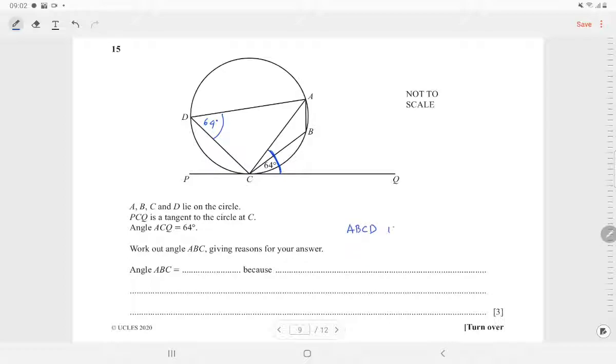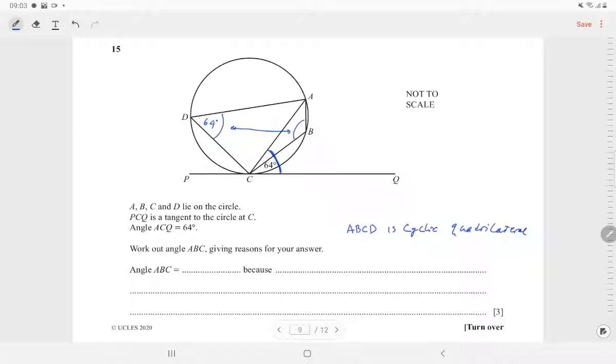This is a cyclic quadrilateral. Now, because this is a cyclic quadrilateral, the opposite angles of the cyclic quadrilateral add up to 180.